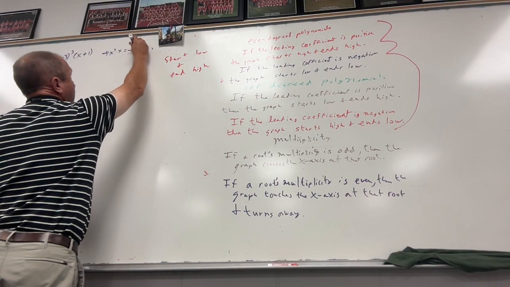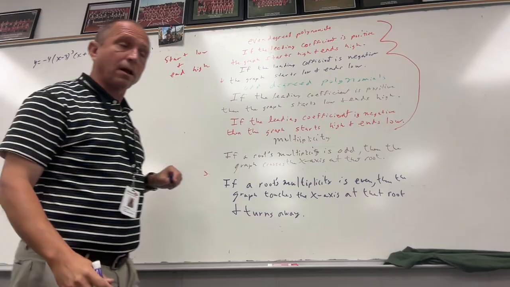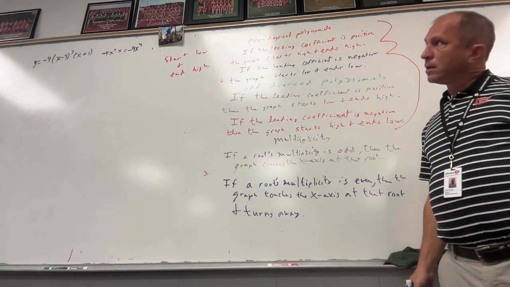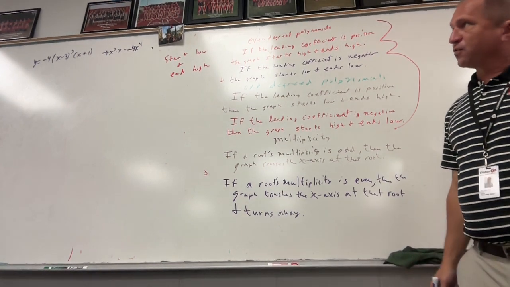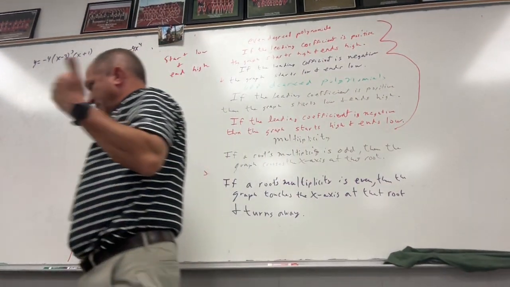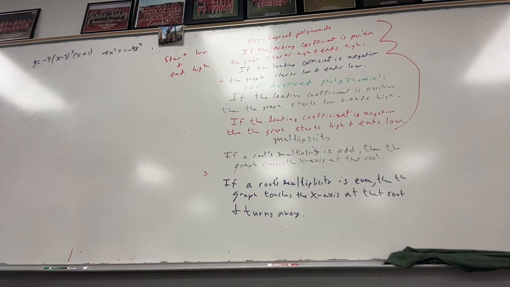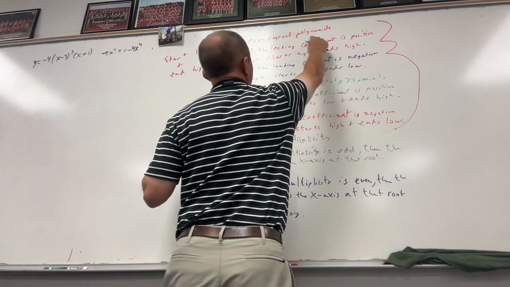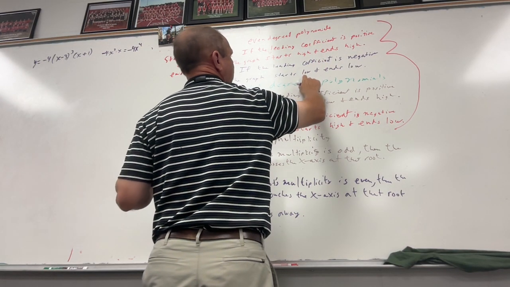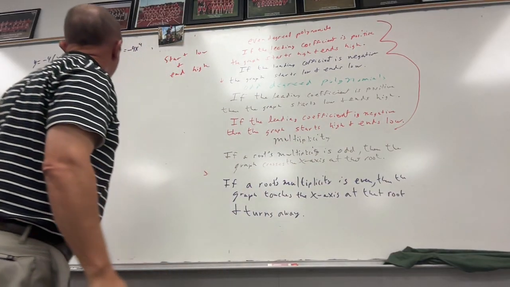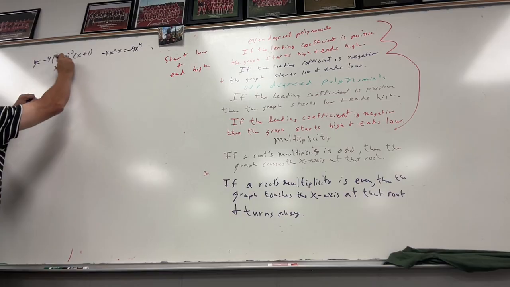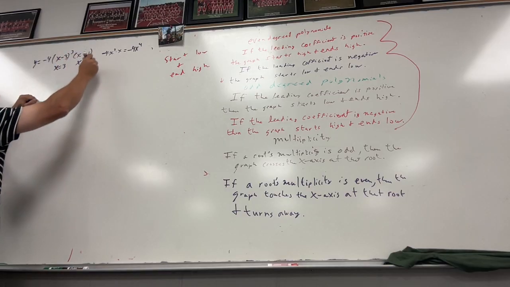All right, so we've got -4x to the fourth, correct? Now, that means from this, leading coefficient is negative, and the degree of this polynomial is 4, which is even. So, even degree polynomial, leading coefficient is negative, so this graph is going to start low and end low. What are my roots? X equals 3 and x equals -1.